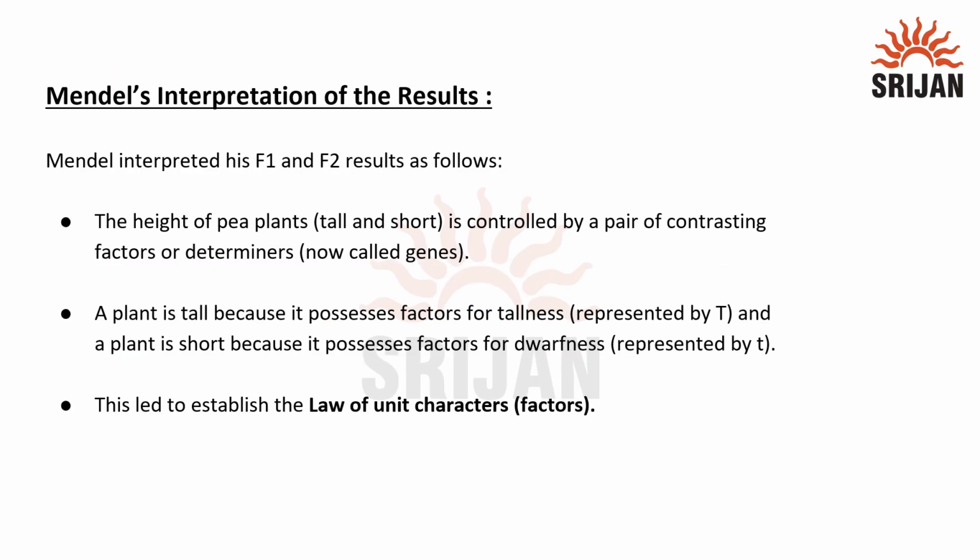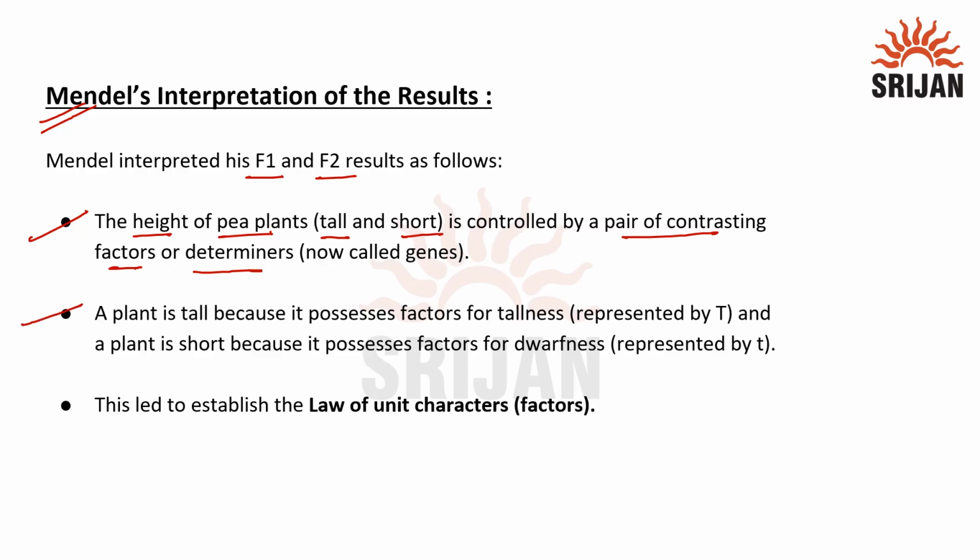Now let's take a look at Mendel's interpretation of the result. So Mendel interpreted his F1 and F2 results as follows. He said that the height of the pea plant, that is tall height or short height, is controlled by a pair of contrasting factors or determiners, which we now know as genes.